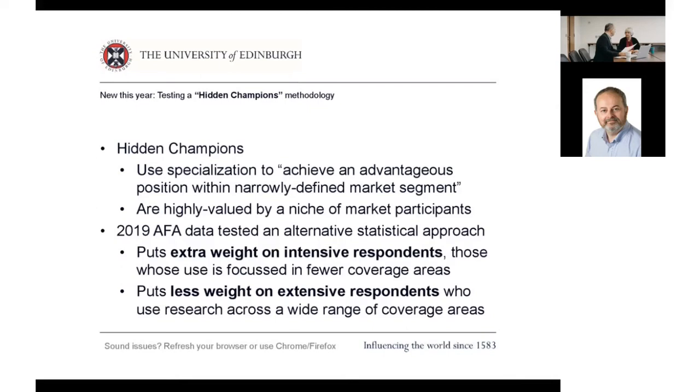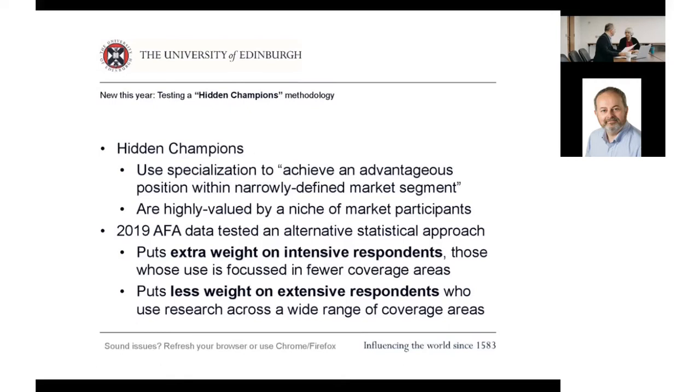And we've been putting a little less weight on the extensive respondents, people who are using research across a wide range of coverage areas. That is uncovering to us a layer of analyst firms that are clearly generating a lot of value in particular subcategories for the awards, but who were not able to register with our traditional analysis.